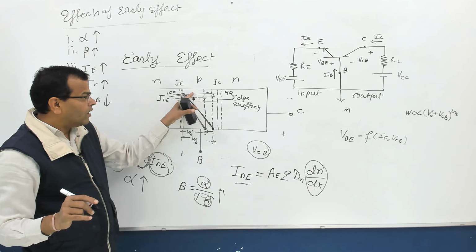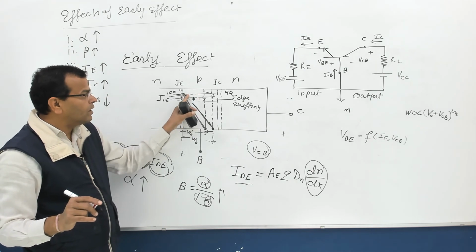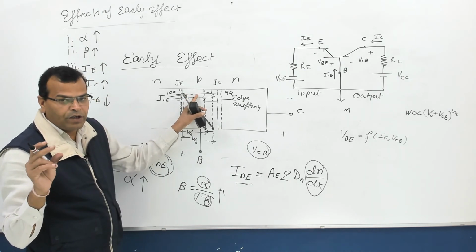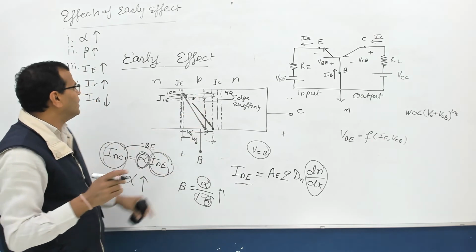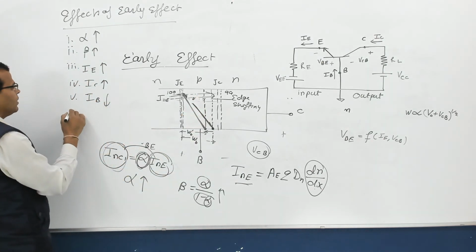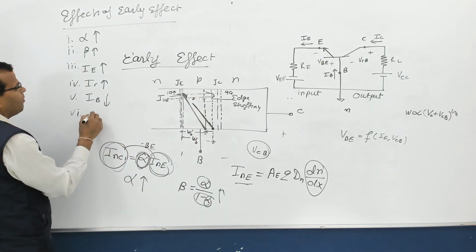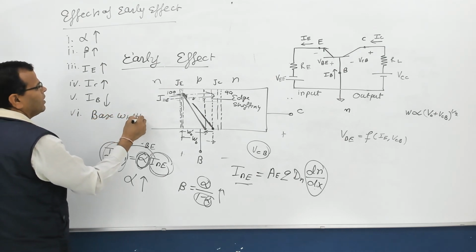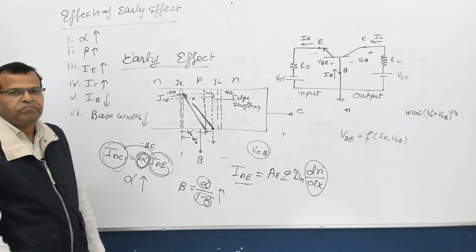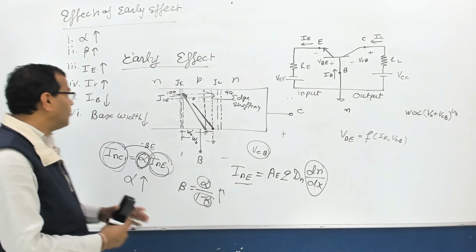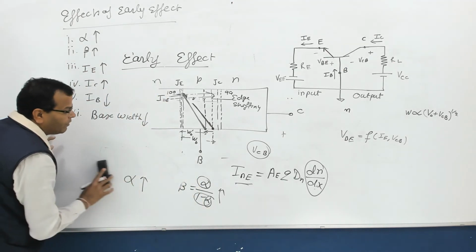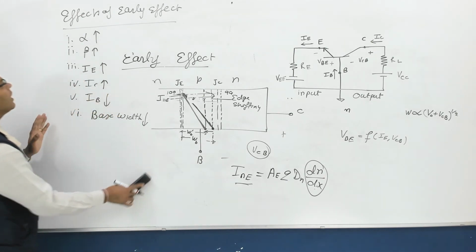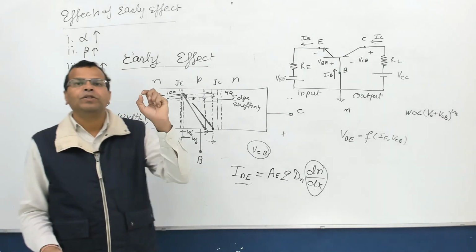If the number of carriers recombining in the base region are reduced because of the reduction in base width, what is happening? Your I_B is reducing. Then the next effect? Your base width is decreasing. These are some of the points to be observed, and remember, these are effects of the base width modulation.